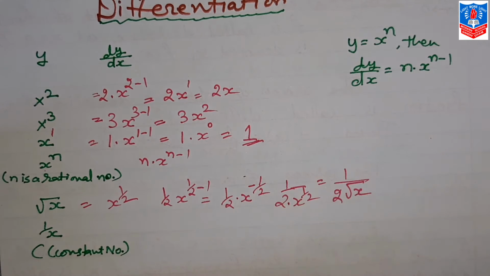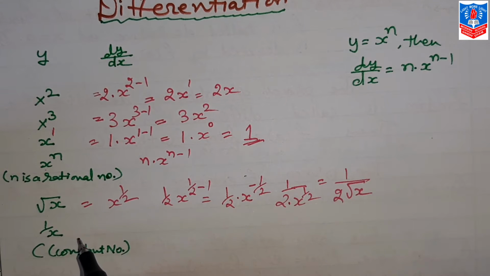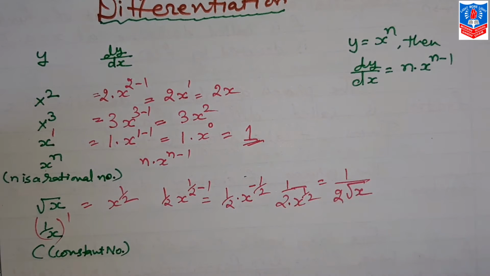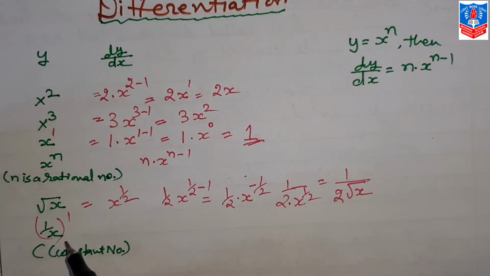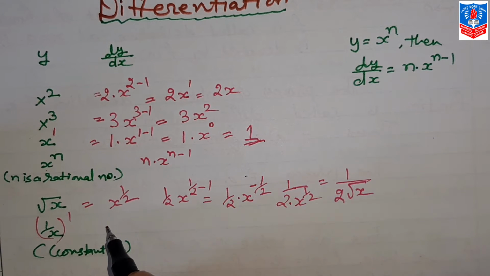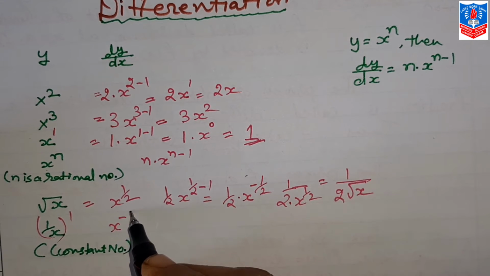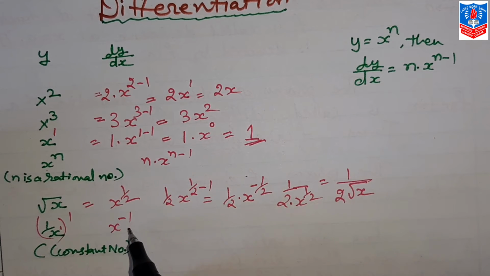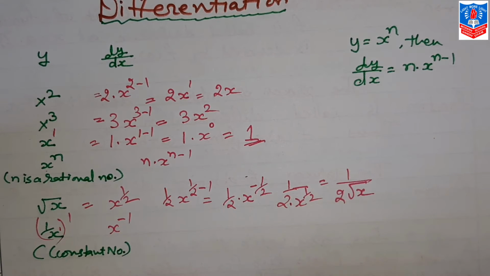Now 1 by x. Yes, power is 1 only. Right? But this x, if I want to make it on the numerator side, then this will be x raised to minus 1. Here it is positive 1; if I took it up, it is minus 1.